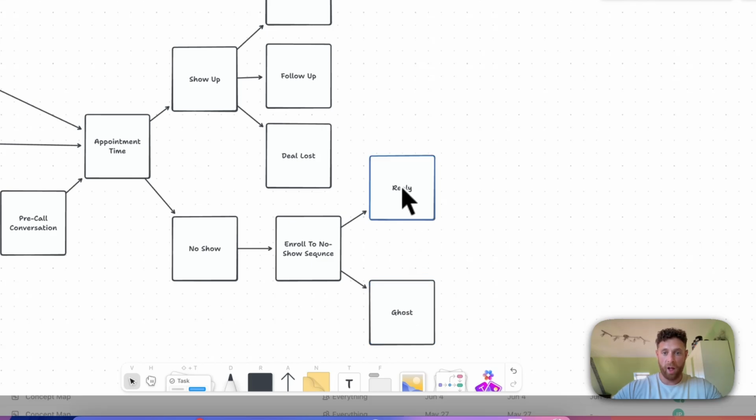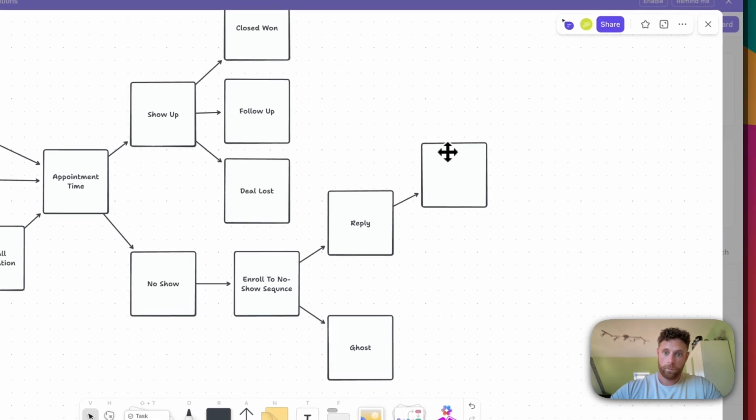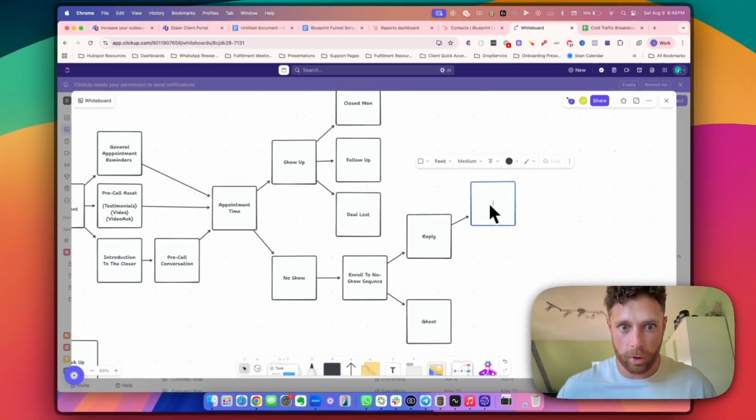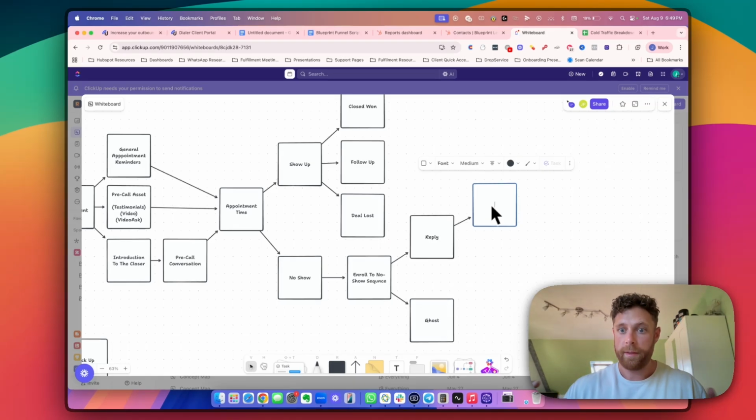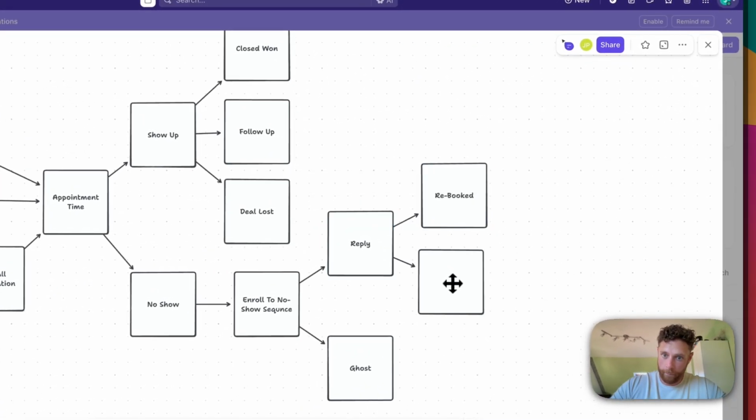Now, if they reply, that still doesn't mean they book. So there's one of two things that can happen here. And I hope you're seeing the trend of like, oh, wow, there's a lot more places that they can fall out than I really expected, okay? So if they reply, they either get rebooked or they don't. There's only two things that can happen, right?